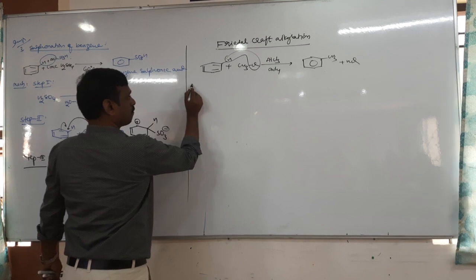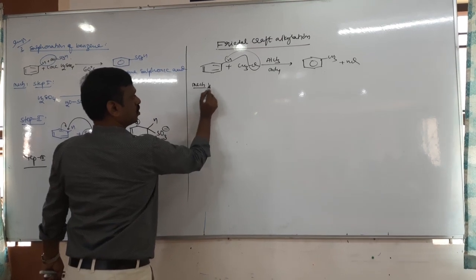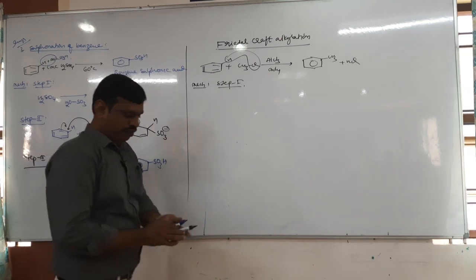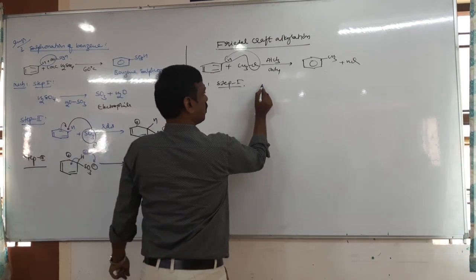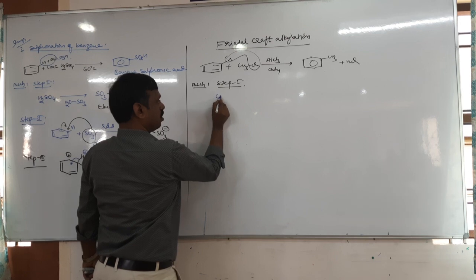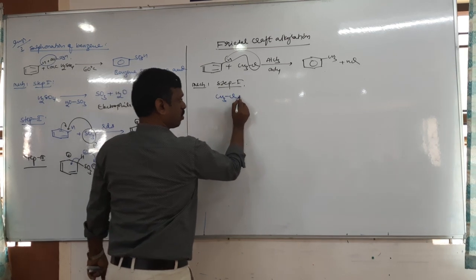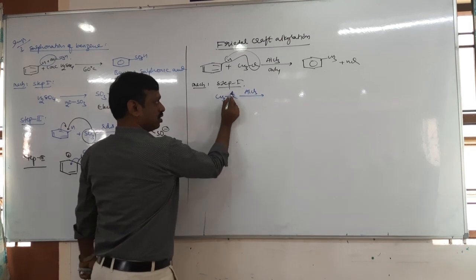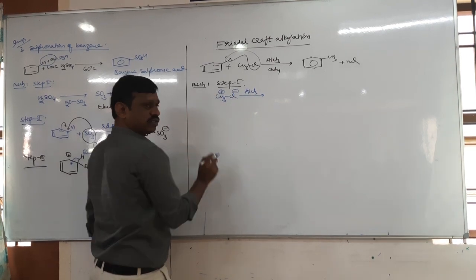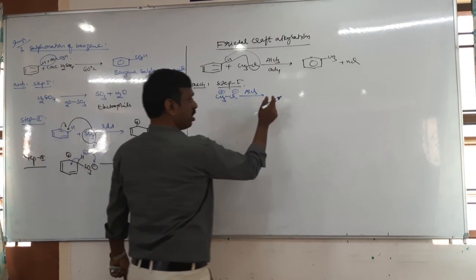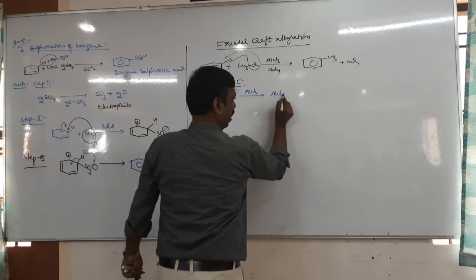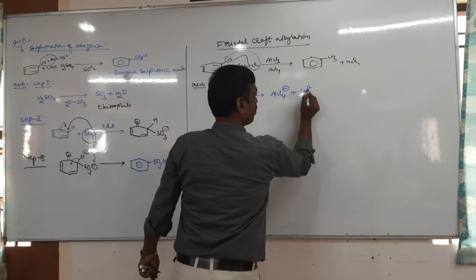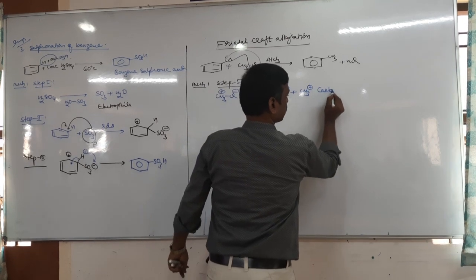What is the mechanism? Step 1: formation of electrophile. So what is the formation of electrophile? Methyl chloride reacts with AlCl3. CH3-Cl plus AlCl3 gives AlCl4 minus plus CH3 plus. Here important is you will get carbocation.